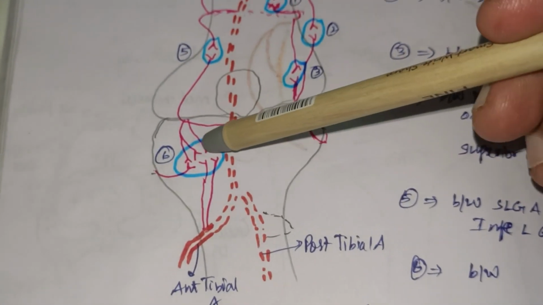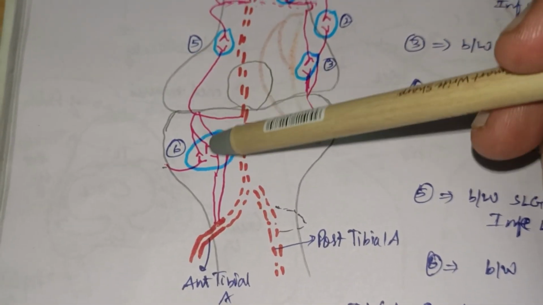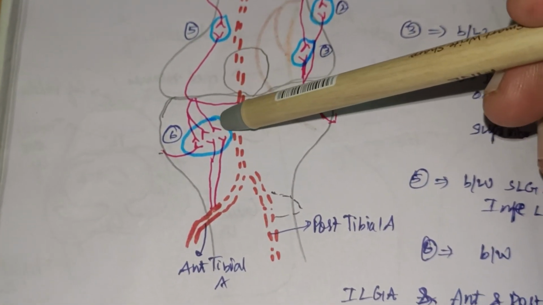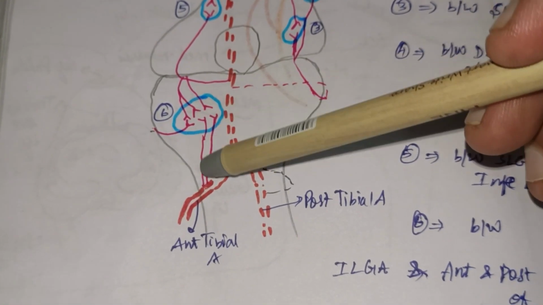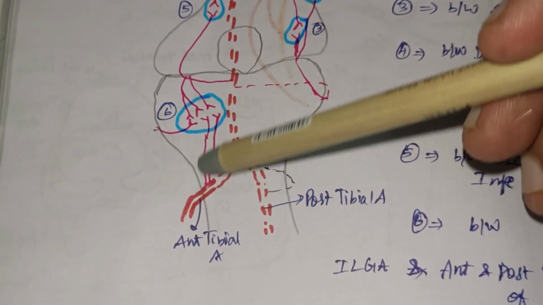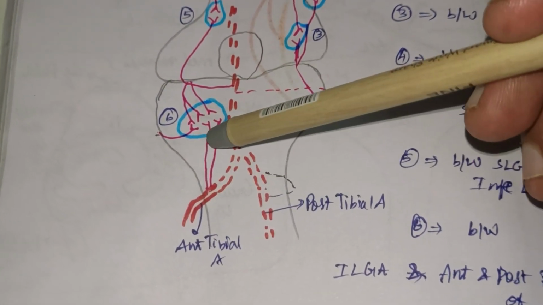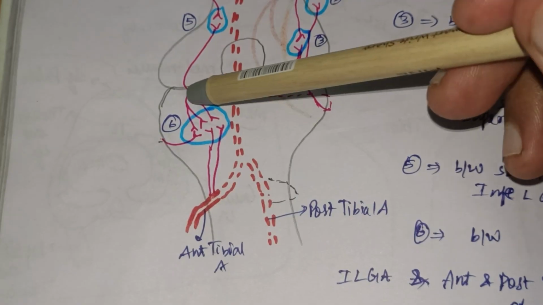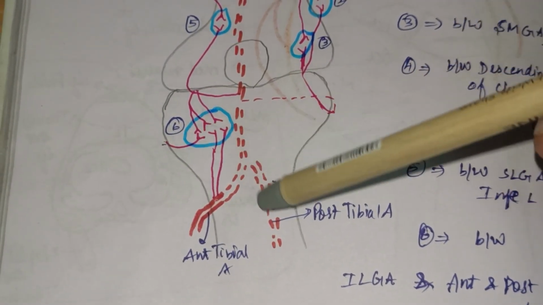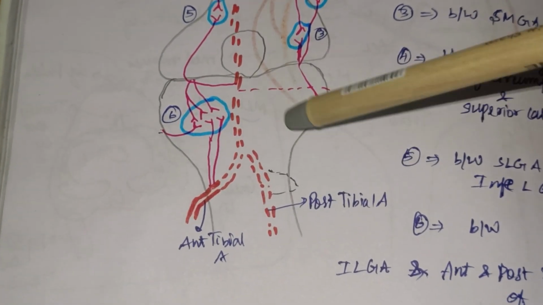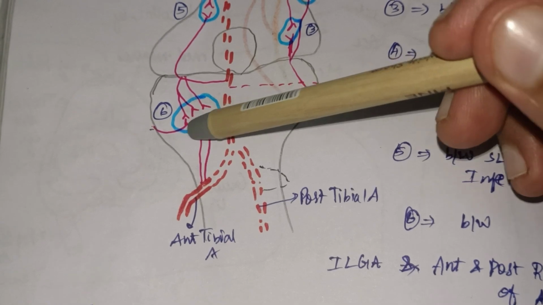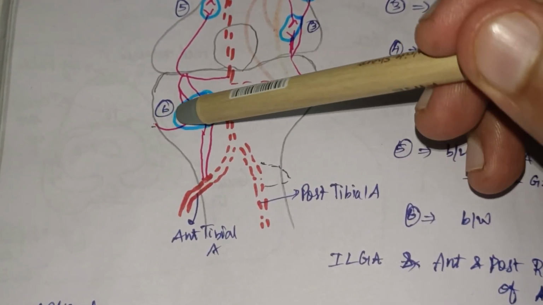This is the inferior lateral genicular artery. It gives 3 branches. The 2 branches will anastomose with the anterior tibial artery branches, and only 1 branch from the inferior lateral genicular artery anastomoses with the posterior tibial artery branch, that is the circumflex fibular branch of posterior tibial artery.